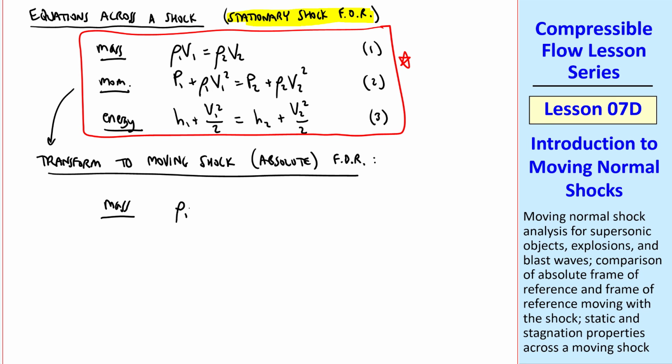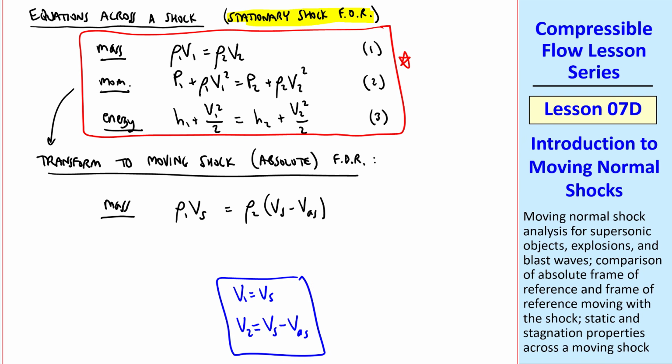Equation 1 for mass becomes ρ1 Vs equals ρ2 (Vs minus Vas), where I've used the equations for V1 and V2 from our transformation. Likewise, the momentum equation becomes P1 plus ρ1 Vs squared equals P2 plus ρ2 (Vs minus Vas) squared.